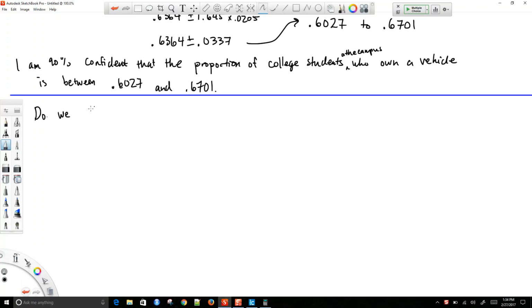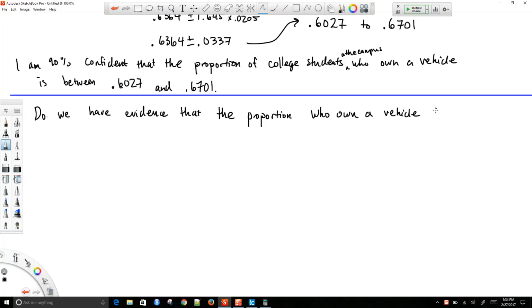Do we have evidence that the proportion who own a vehicle, and when I say that, I mean proportion of college students at the campus, but I just don't feel like writing the entire phrase out.